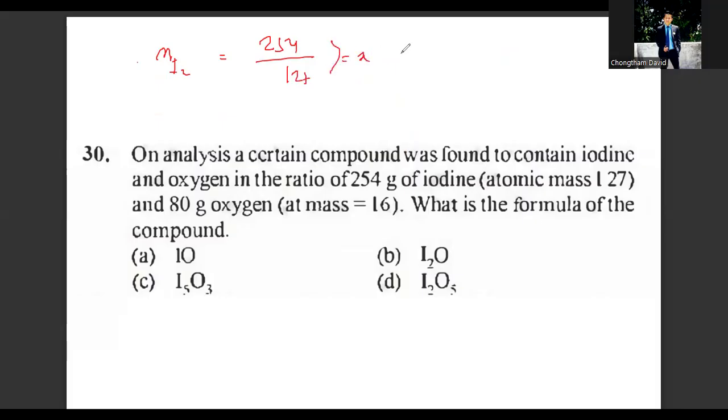So it gives approximately 2. And the moles of oxygen would be 80 by 16. So it would be 5. So the formula would be I2O5. This is the answer.